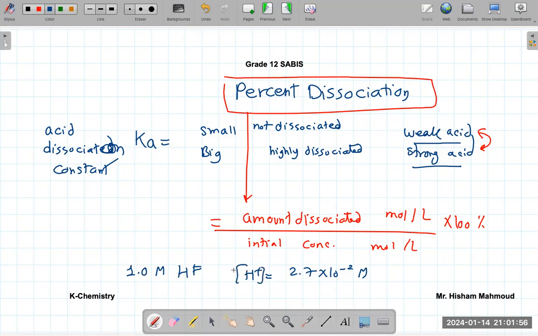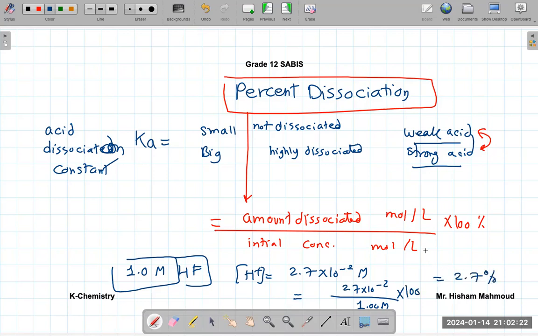So the initial concentration was 1 molar. You had the acid before dissociation was 1. And how much is dissociated? The concentration that's dissociated is only 2.7 times 10 to the power of -2. The rest is the same. If you multiply this by 100, you will get 2.7.